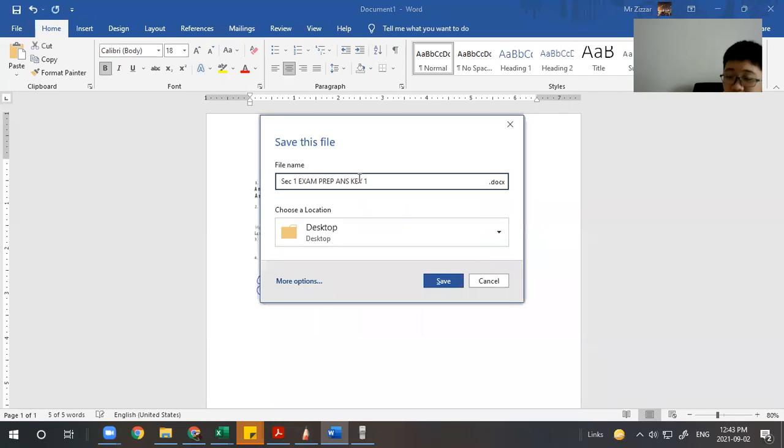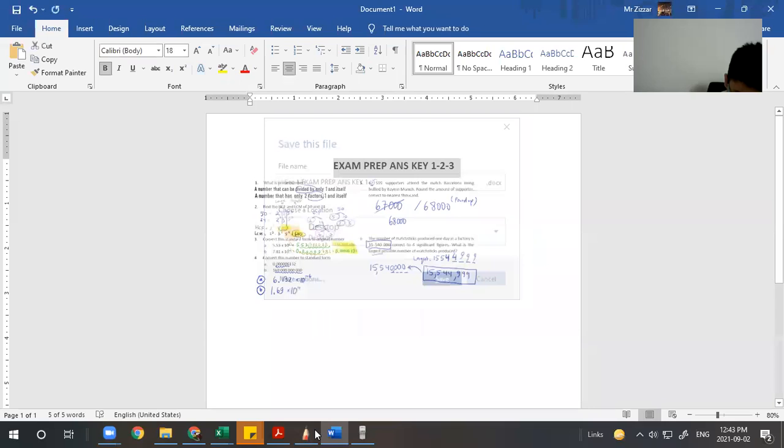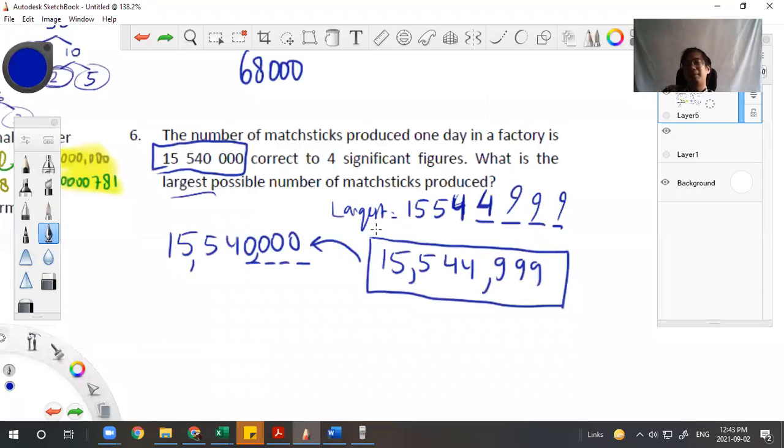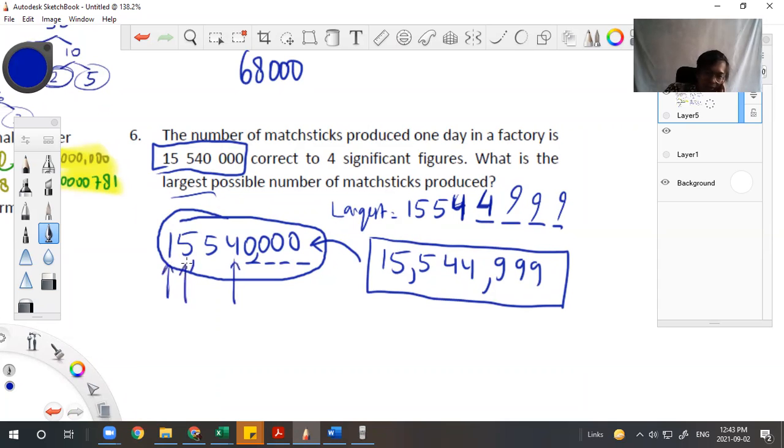Yes. I don't get it, like the number 6. For number 6, you have to find the largest possible number that when you round it, you still get 15,540,000. If it is 4 significant figures, they just round until this part, right? 1, 2, 3, 4 significant figures.